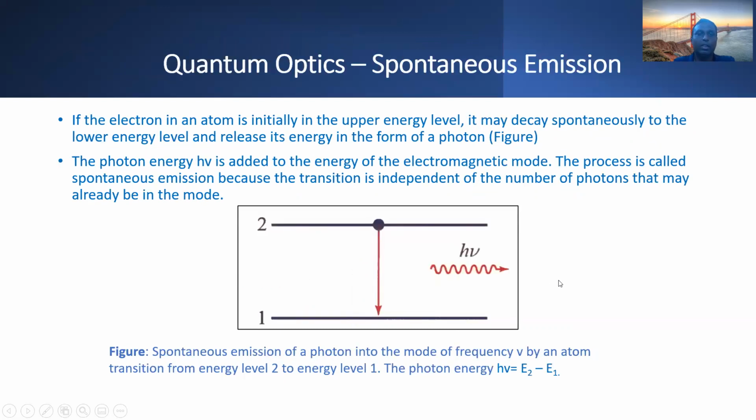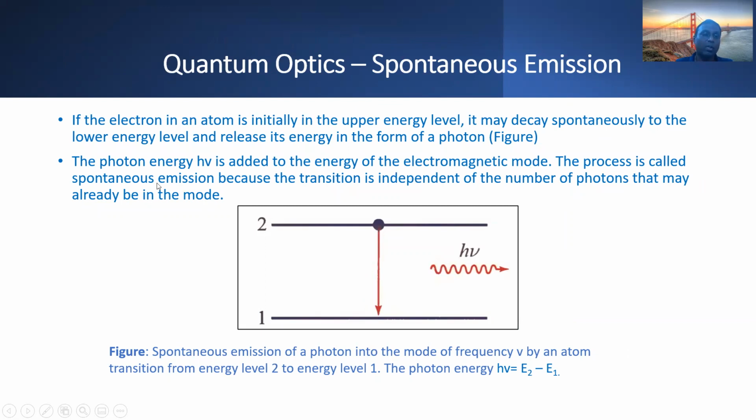The next one is spontaneous emission. If the electron in an atom is initially in the upper energy level, it may decay spontaneously to the lower energy level and release its energy in the form of a photon, referring to the figure here. The photon energy is added to the energy of the electromagnetic mode.